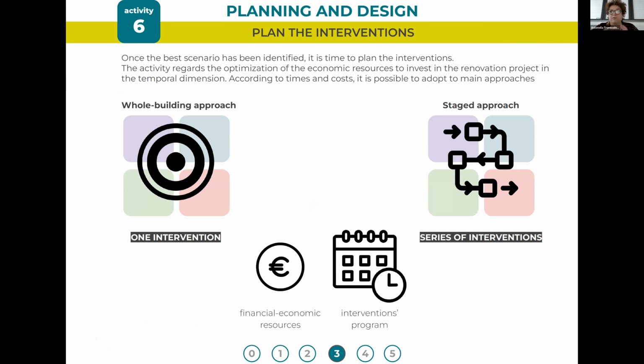So we have a mix of technologies, and we can decide to do all of the technologies together or to plan them at different times, according maybe to the budget, because sometimes we can have scenarios with a higher budget. So it's possible to have a plan of the intervention.